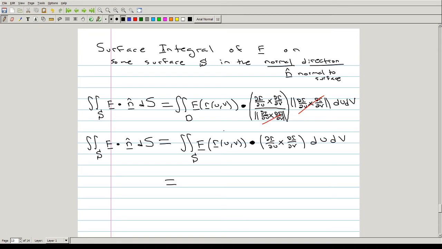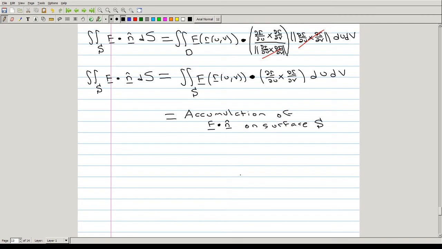And remember, the value that you calculate is exactly the total accumulation of the vector field f dotted with n hat on the surface S, or the accumulation of the normal component of the vector field on the surface S. And this actually has another name.